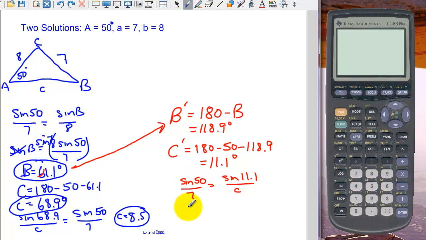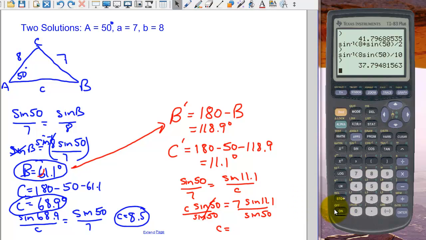We cross multiply, divide by the sine of 50. And we use our calculator to compute this, and we get, for the second solution, C is, let's see here, I didn't compute that yet, so let's compute that.